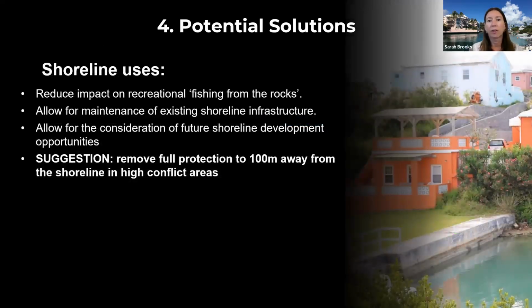Next, I'd like to look at how we might be able to address some of the concerns with the shoreline stakeholders and how to reduce conflict with people who use the shoreline in different ways.